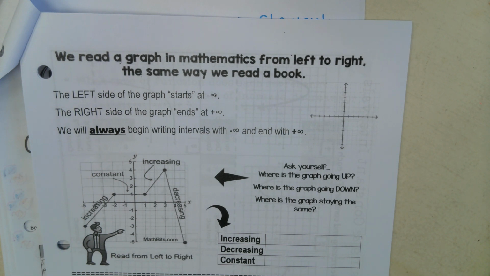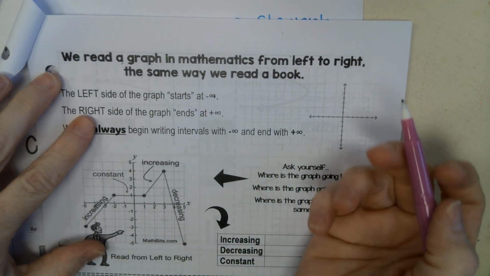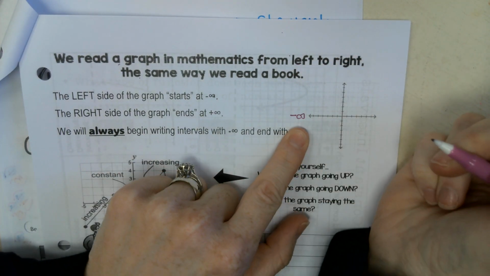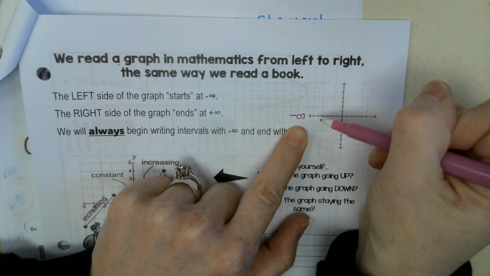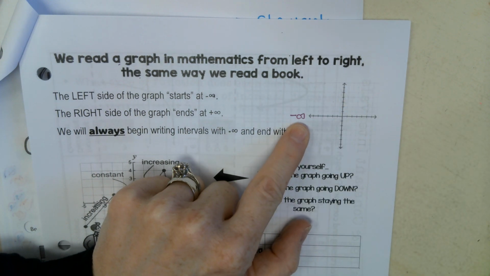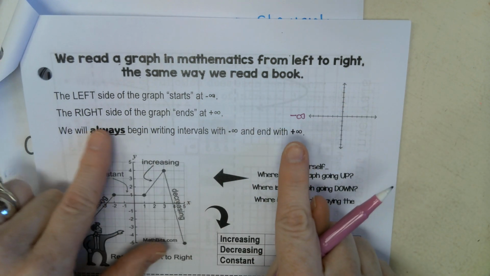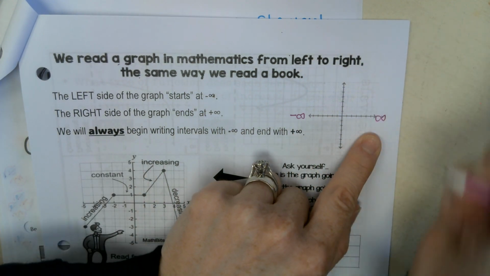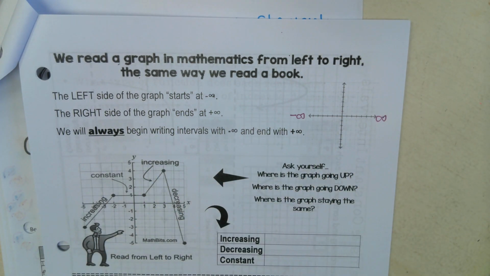So we read a graph in math from left to right the same way that we read a book. Now, on the left side of the graph, it's approaching negative infinity. The further I move to the left, that graph is going to negative infinity, and the further I move to the right, my graph goes to positive infinity.